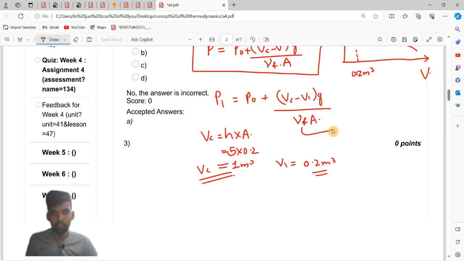Water is at 20 degrees Celsius, and it is in the liquid state.